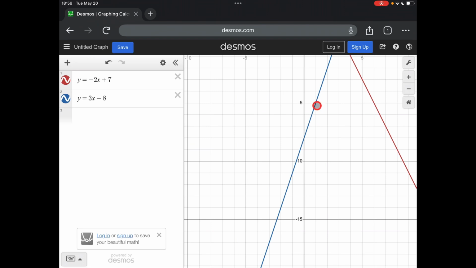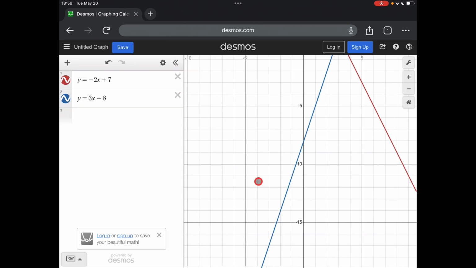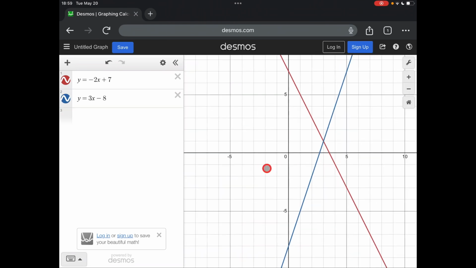If we match that up to where the line is, we get 1, negative 5. And that makes sense because we had negative 8, but we're increasing by 3 for our slope, so we're adding 3 to negative 8, so we get negative 5. And hopefully these two equations made sense. And now we can continue on to y-intercept.